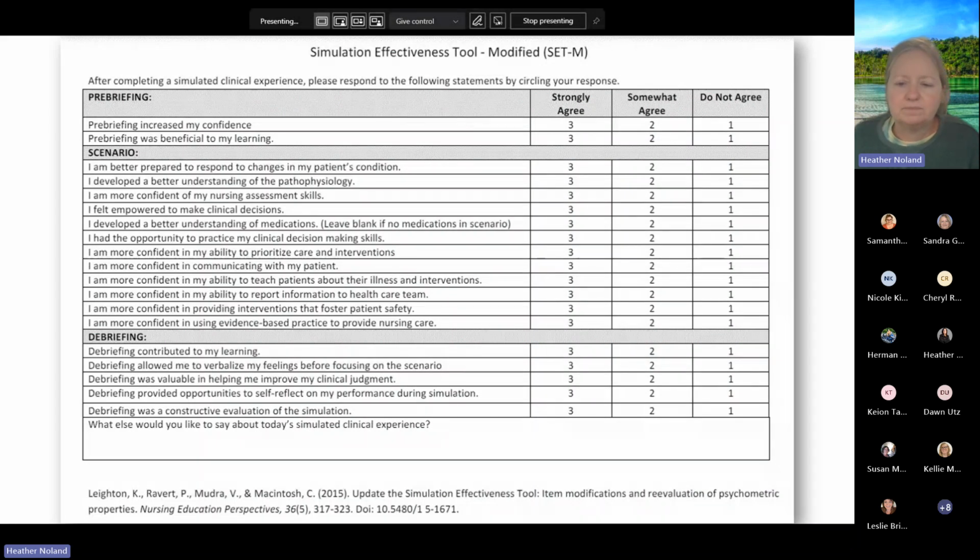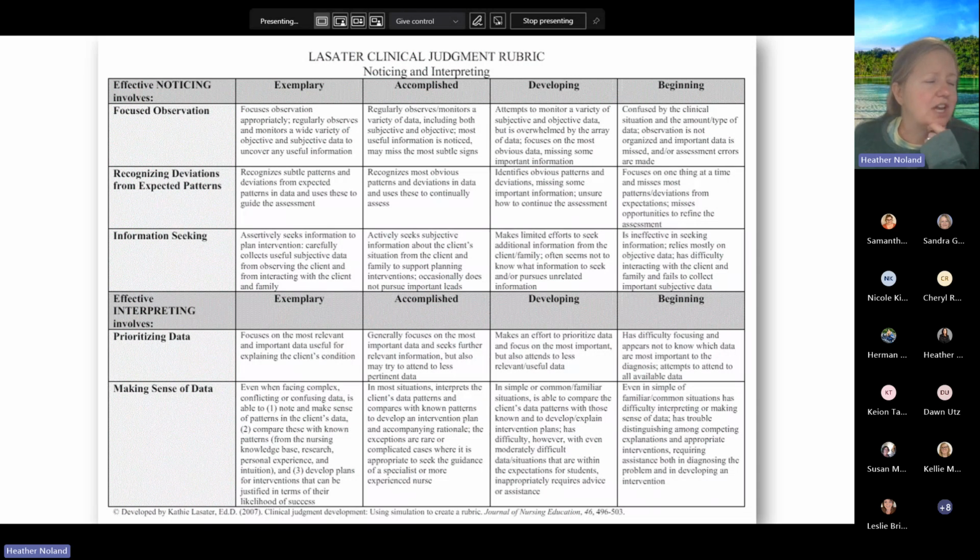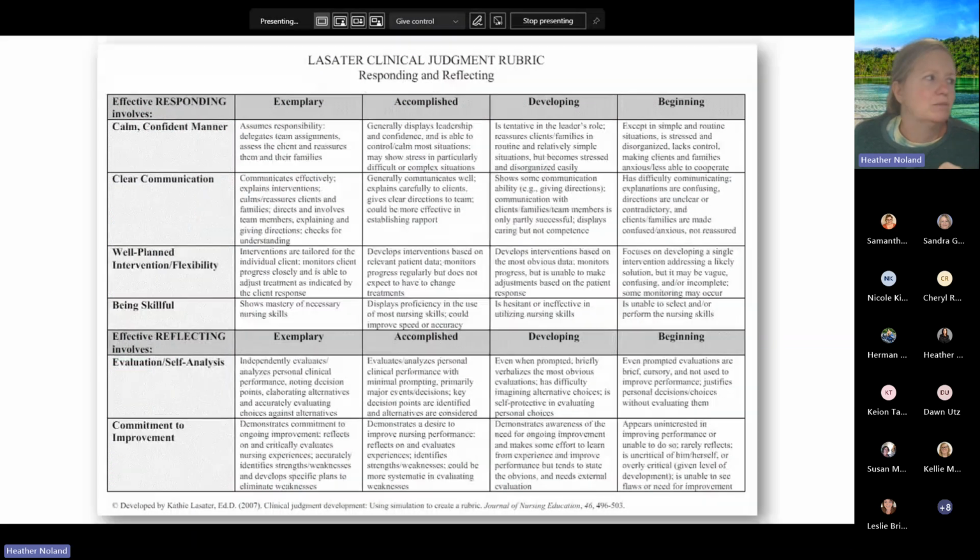Another tool that the nursing education people on the call might be familiar with is the Lasater Clinical Judgment Rubric. This is more of a rubric that is looking at behaviors. The rubric breaks it down into where the learner is on their expertise continuum, looking at different aspects of their performance in simulation to grade where they are.